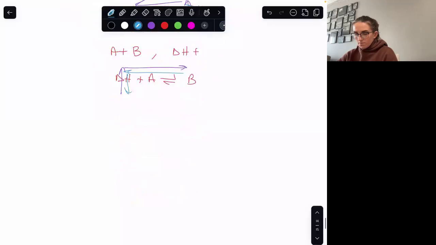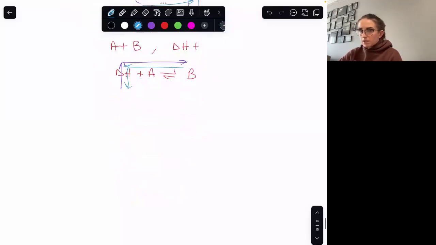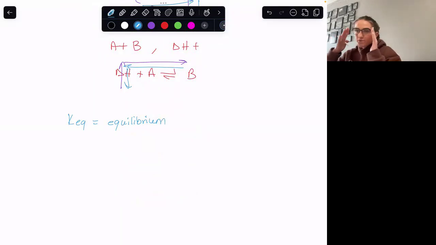Right, KEQ is equilibrium. This is just telling you, after the reaction has proceeded in the forward and reverse direction, do we have more products or do we have more reactants? Little k is your rate constant.